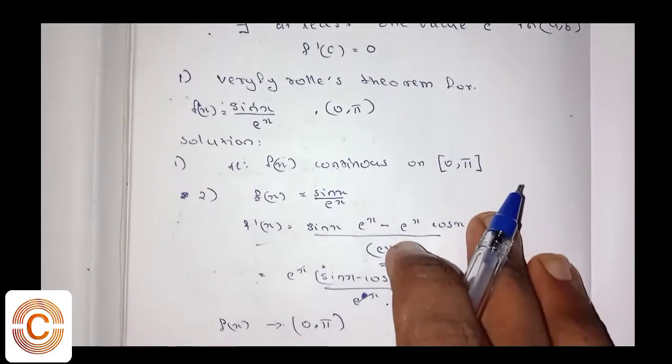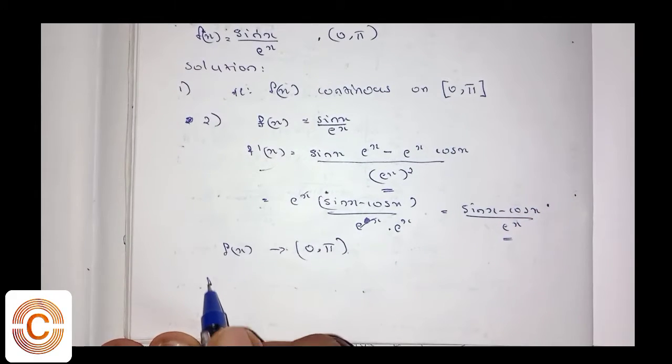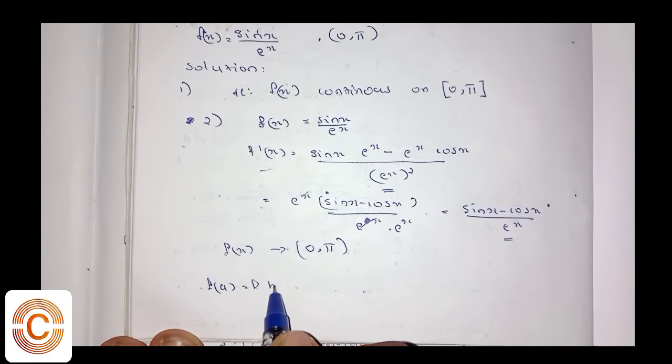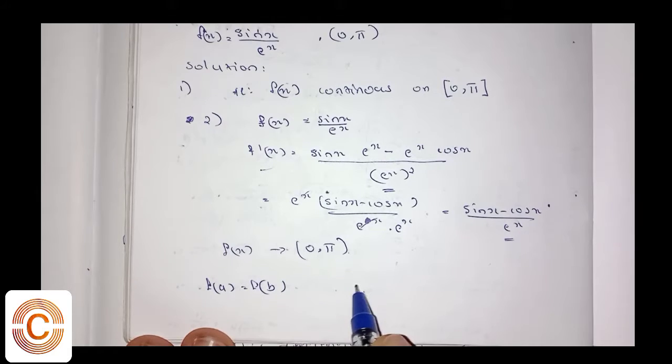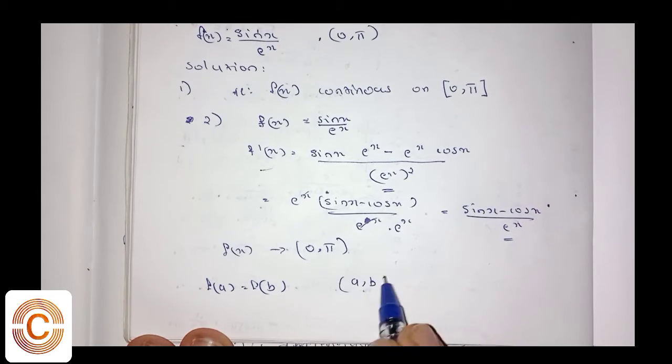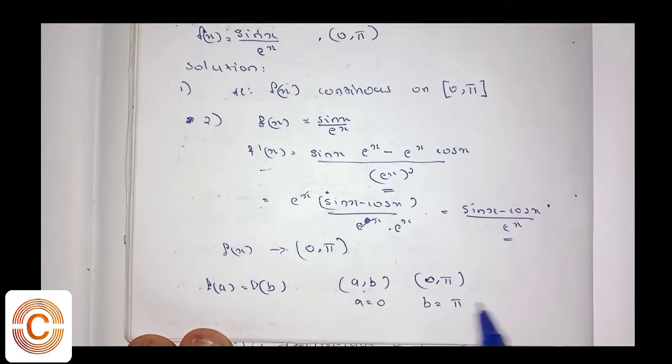Note that the third rule says f of a is equal to f of b. We know the values of a and b from the given interval 0 comma pi. So the value of a is 0 and the value of b is pi.